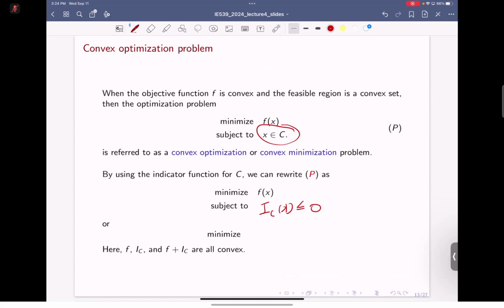It has value 0 if the point belongs to the set C. It has plus infinity if it does not. And here, one question is why we don't set this function equal to 0, not using inequality.